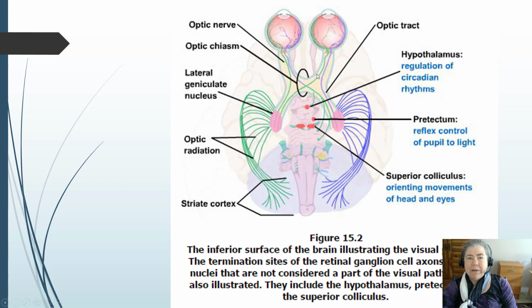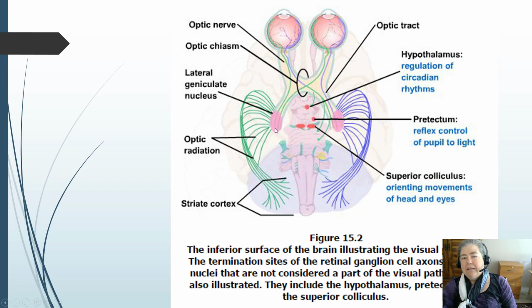So let's think about what happens if we cut one of these pathways. This picture is kind of nice because it shows some other relationships. For instance, some of those fibers are going to other nuclei. The light levels tell the hypothalamus something, because the hypothalamus is involved in regulating circadian rhythms.